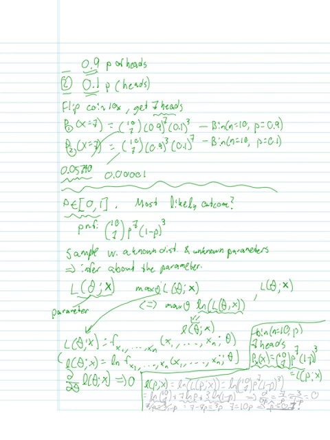So then, taking the log likelihood function, l of p semicolon x is equal to the natural log of the likelihood function, which is equal to natural log of 10 choose 7 p to the 7th 1 minus p cubed, which is equal to log of 10 choose 7 plus 7 log of p plus 3 log of 1 minus p.